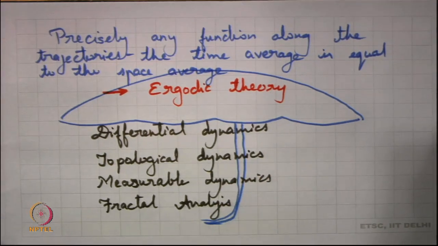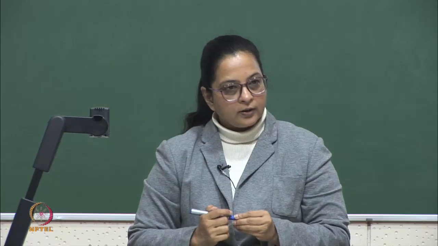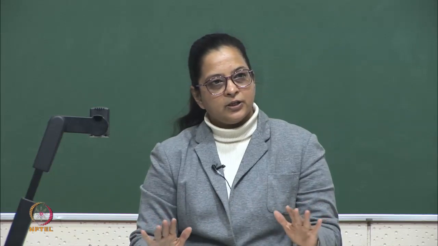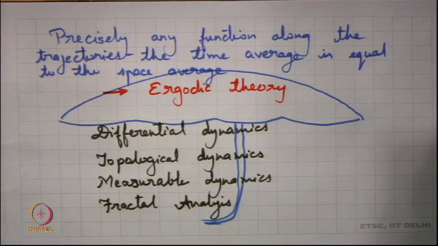These topics tend to be subtopics of the mathematical subject of ergodic theory. Since we shall be looking into very elementary systems, we shall be touching almost basic concepts in each one of these without getting much into details.